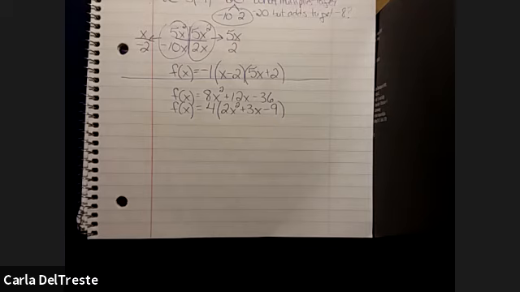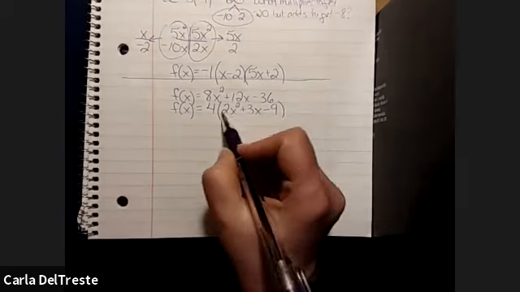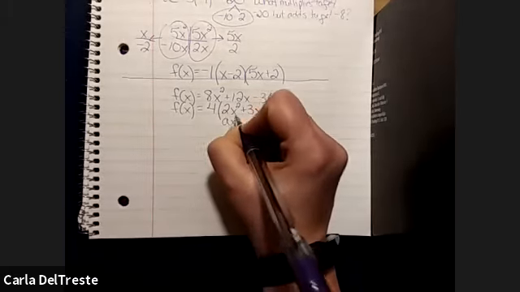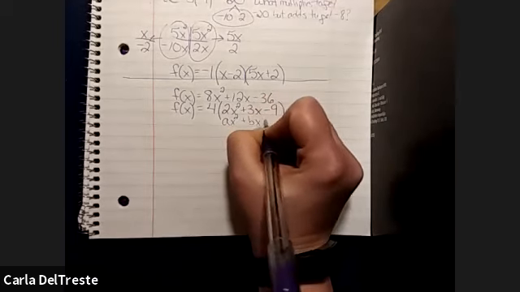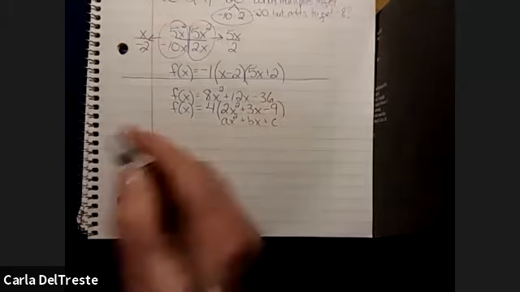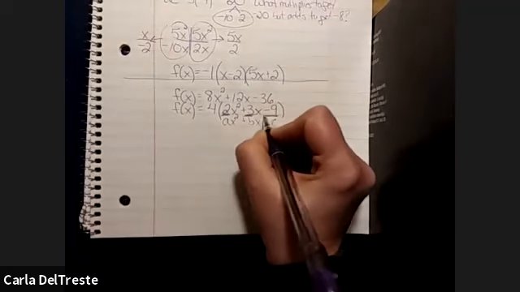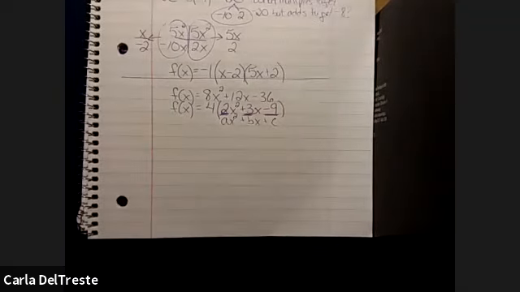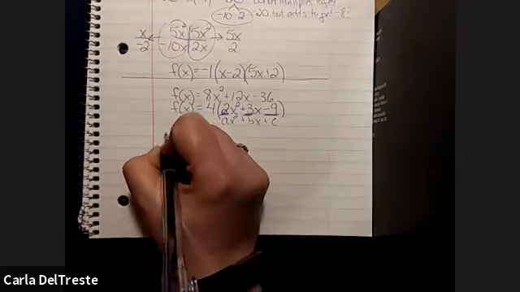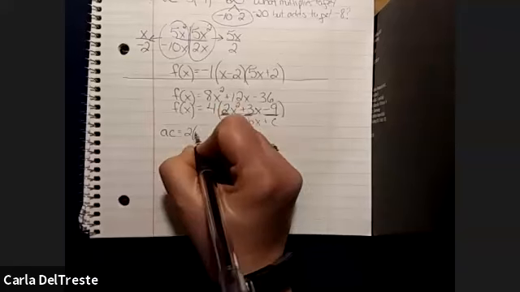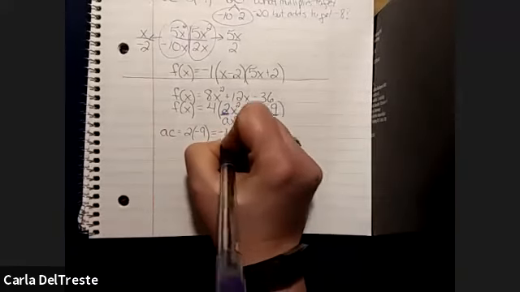Then I looked at this as a quadratic. So yes, this is a quadratic. I compare it to ax squared plus bx plus c so that I can identify my a, b, and c terms. And then I multiply a times c.